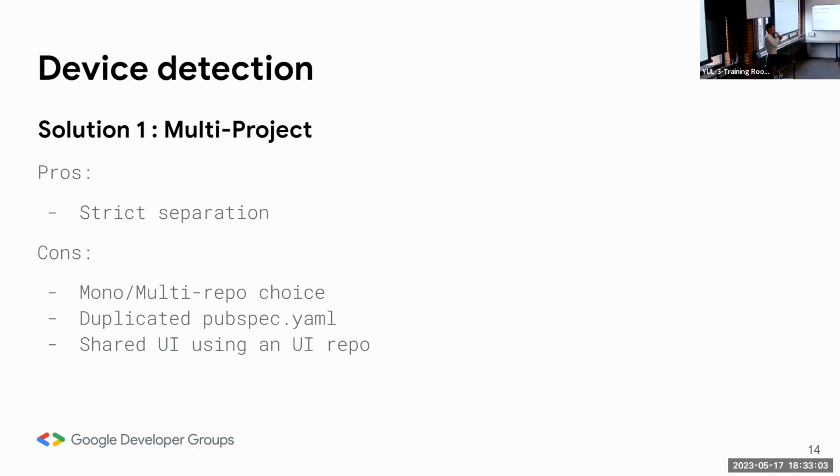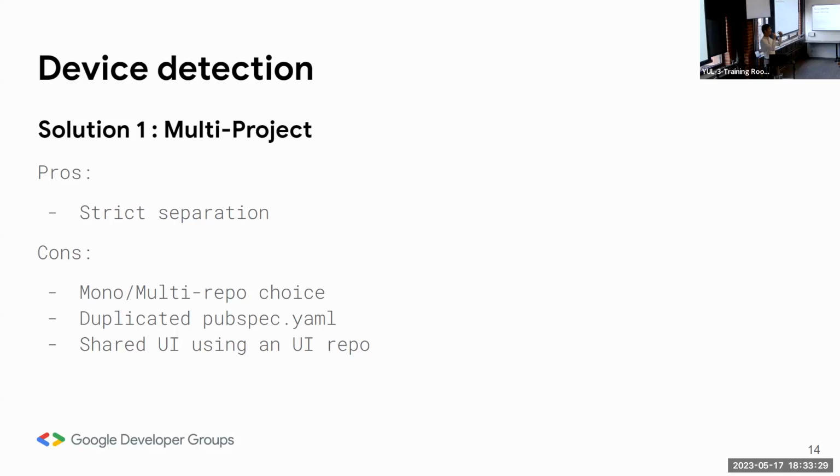But if you go to a professional way, how are you going to organize your folders and the project repo? So you have to choose between mono or multi-repo.